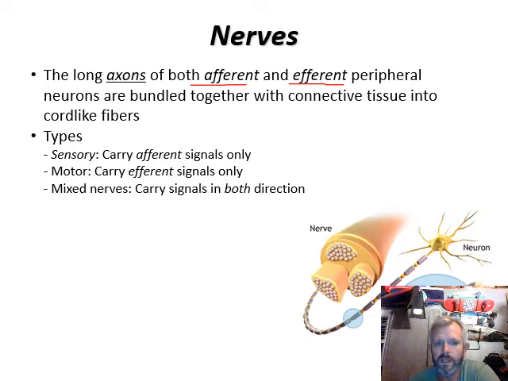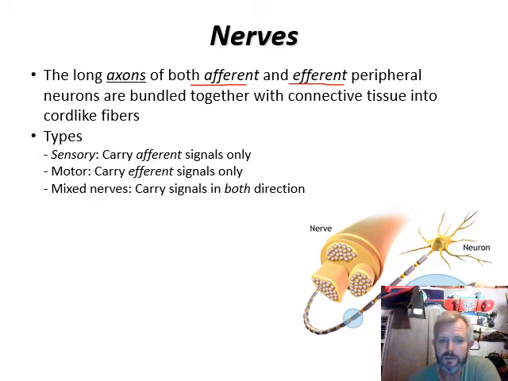We can have nerves where all the neurons bundled in there are sensory neurons, or afferent neurons, bringing information from the periphery into the central nervous system. They can be motor, or efferent, where all the neurons bundled in a nerve are motor.